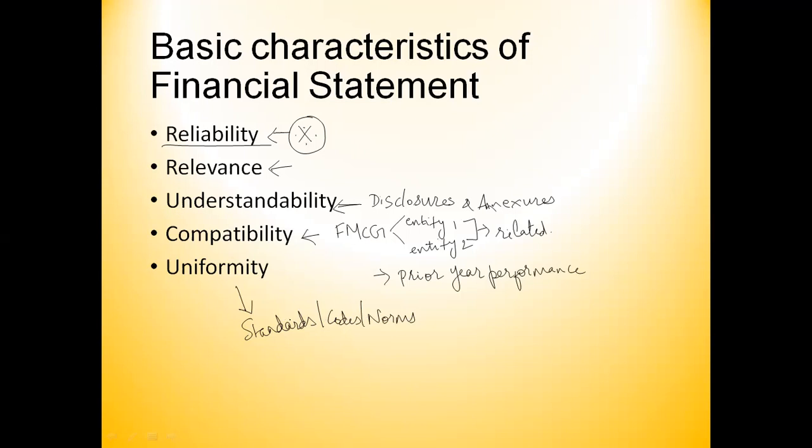Because it should have some uniformity, so that finally it is the end users who benefit, for whom these financial statements are being prepared. So for that purpose, it is essential that the financial statement has all these basic characteristics.